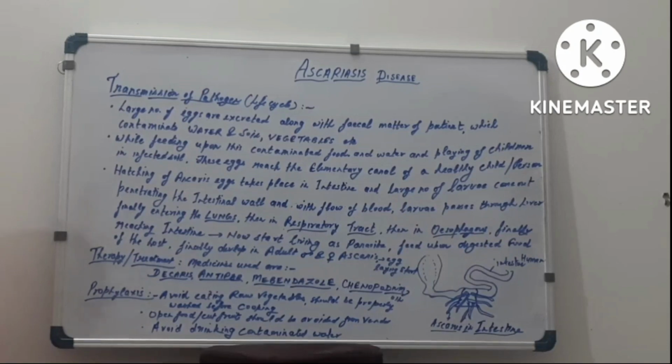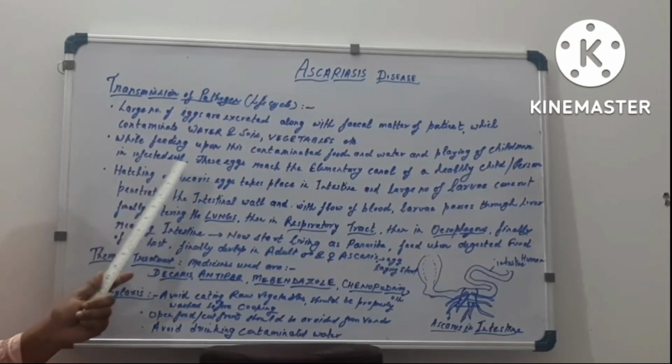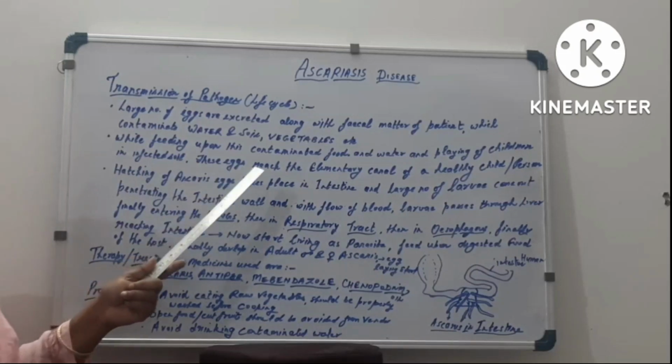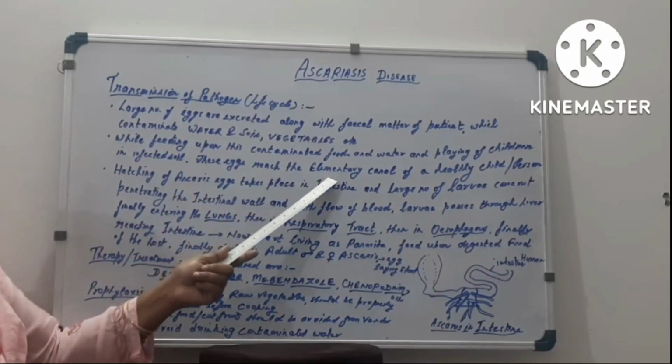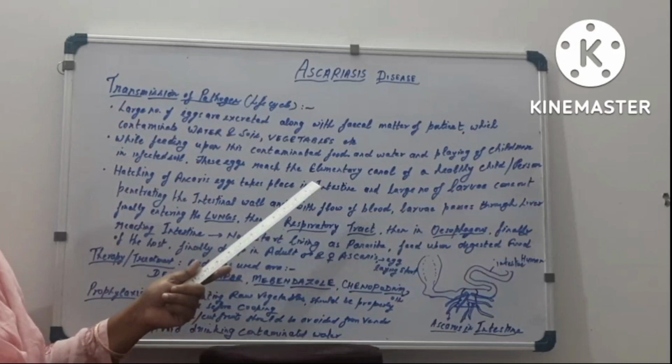While feeding upon the contaminated food and water, and when the child plays in the contaminated or infected soil, these eggs reach the alimentary canal of a healthy person.